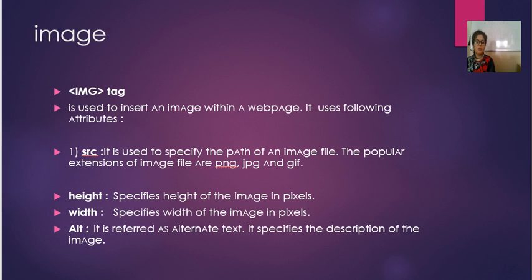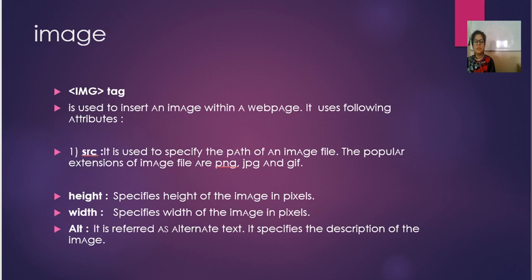So the attributes of the image tag: the first attribute is source. Now what is source? Source is src. Source means you must know from where you have to copy the image, or you must know the path of the image, because it is your choice. We can apply the image by using two methods, by simply copying the image in and we can also write the path of the image.